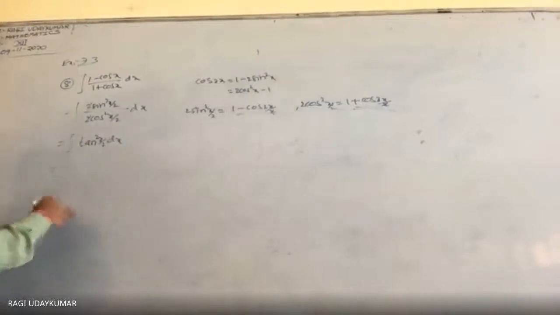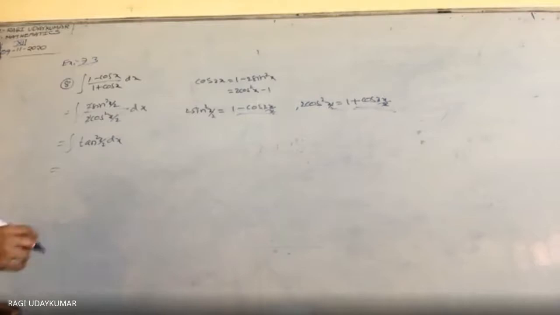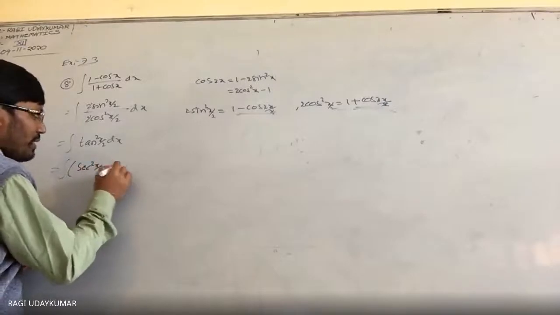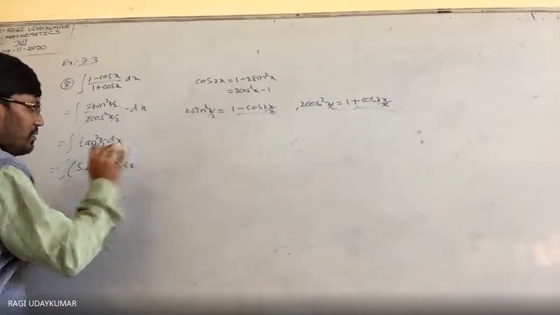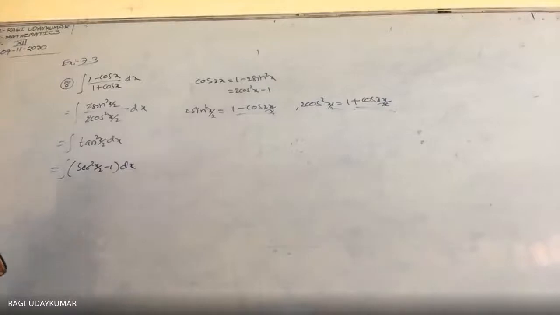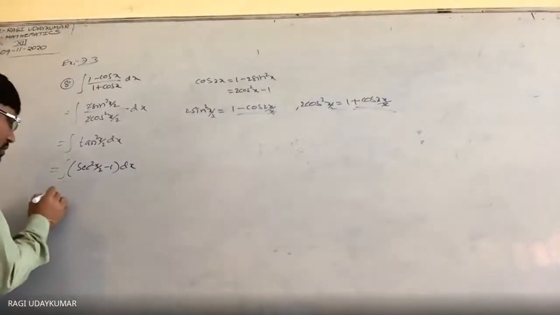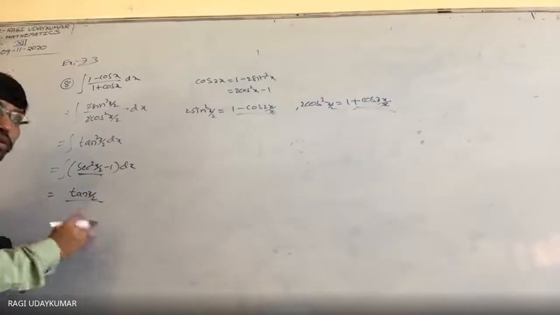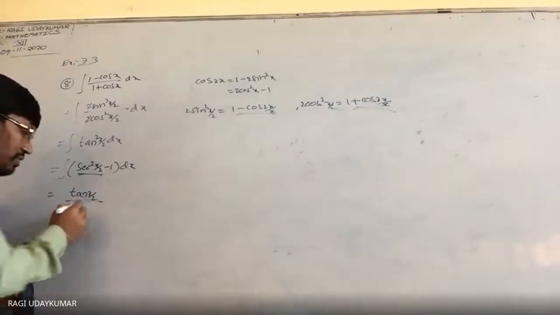So we are not having tan directly, tan square you have to convert into again secant square x. So secant square x by 2 minus 1 dx. Secant square x by 2 dx, इसका इंटीग्रेशन क्या है? tan x by 2 and x by 2 का इंटीग्रेशन 1 by 2.